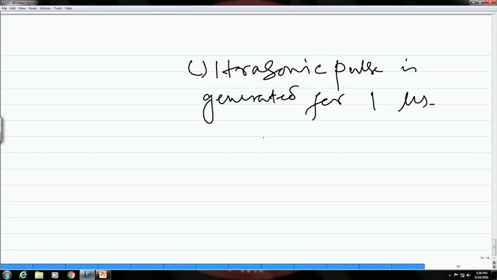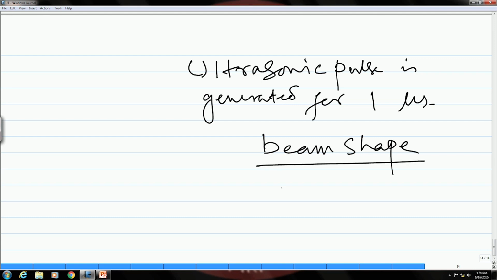Okay. And then we talked about the beam shape, and we saw that it primarily depends on this ratio lambda by d, where lambda is the wavelength of the sound waves and d is the diameter of the ultrasonic probe.